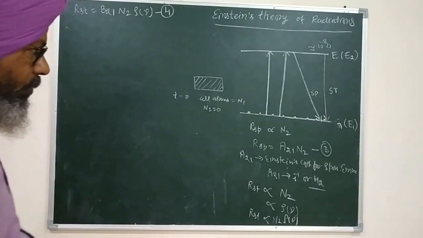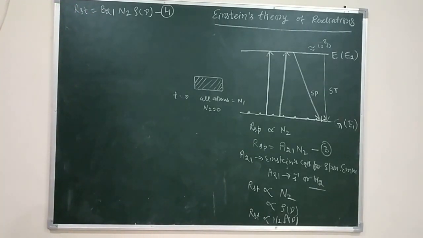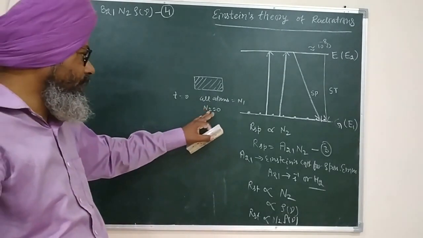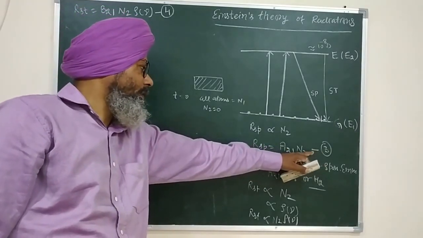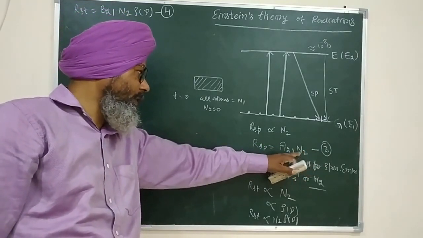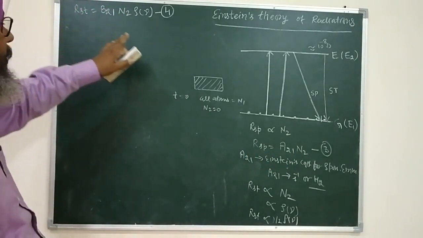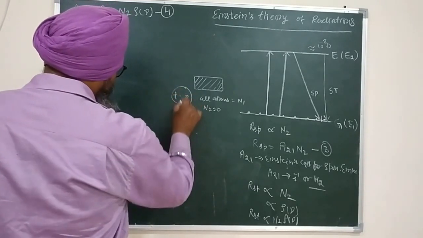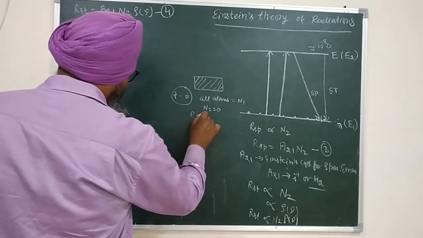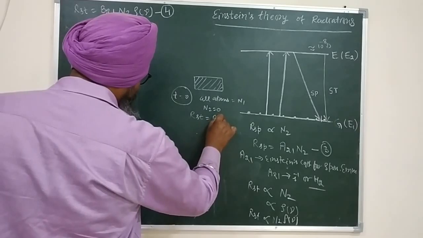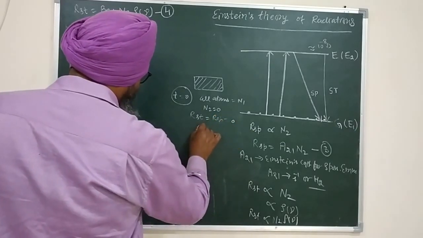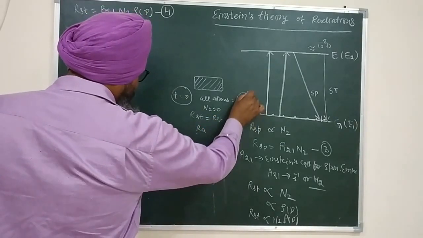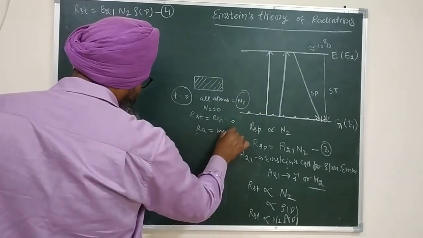If you see equation number 2, 3 and 4, unfortunately I have just erased equation number 2. You can see that since n2 is involved in RSP and RST, and initially n2 is 0, therefore at t is equal to 0, both RST and RSP will be 0, and RA, since it involves n1, it will be maximum.